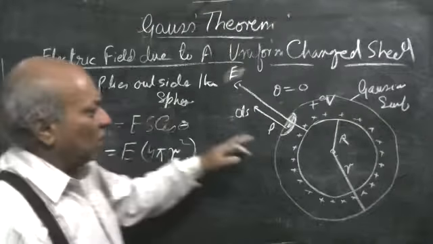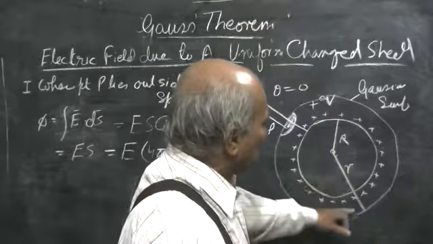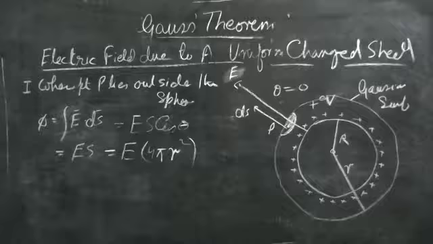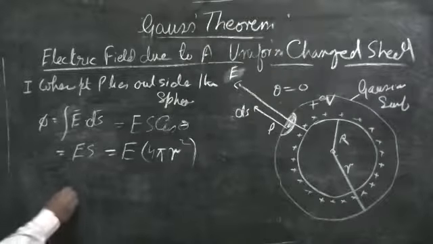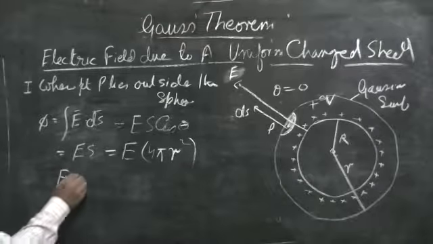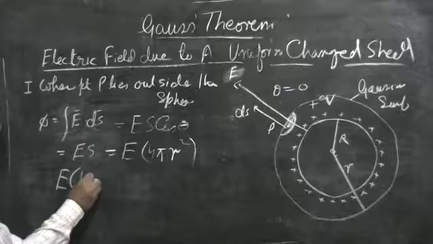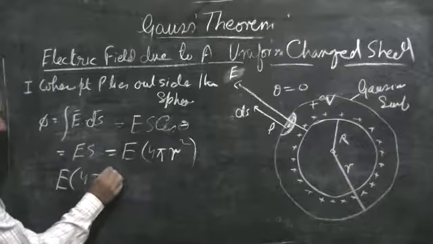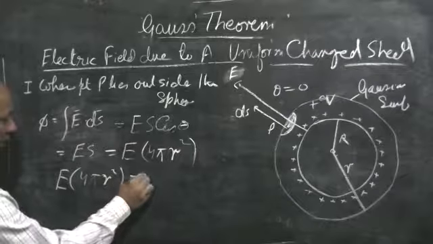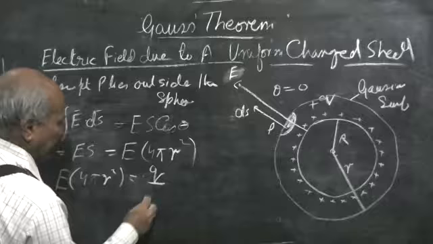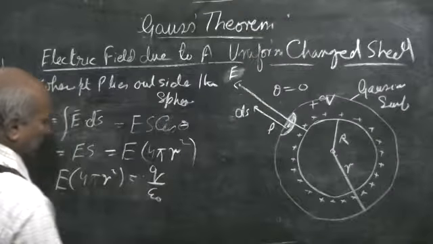This is the area of the Gaussian surface whose radius is small r. But flux is equal to Q upon epsilon naught.